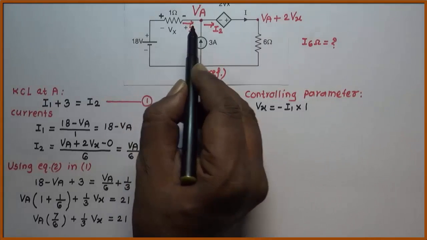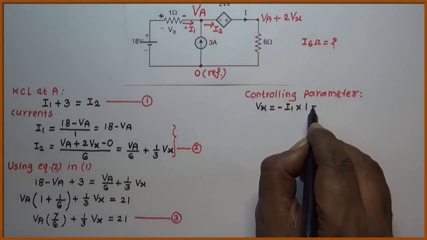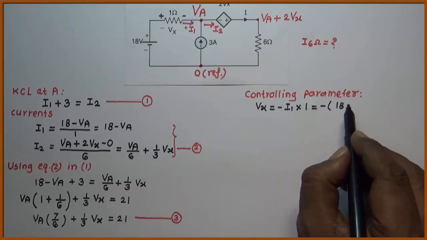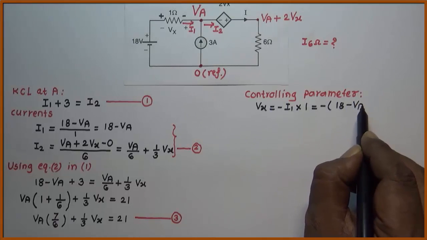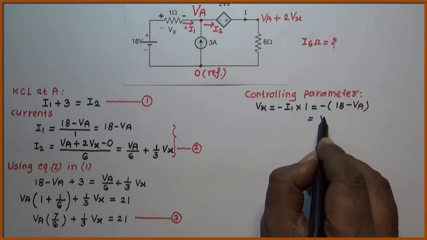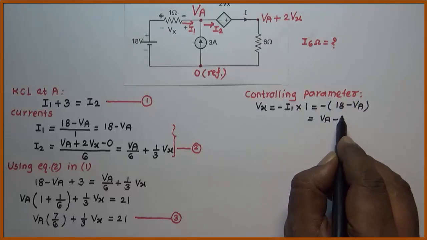Let us put the value of I1 from here. I1 is equal to 18 minus Va. This becomes Va, minus and minus is plus, minus 18.